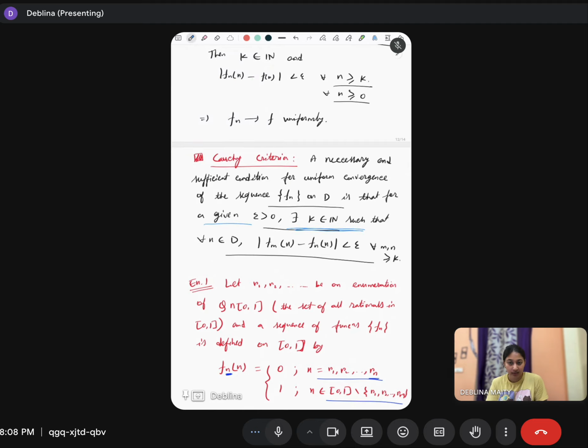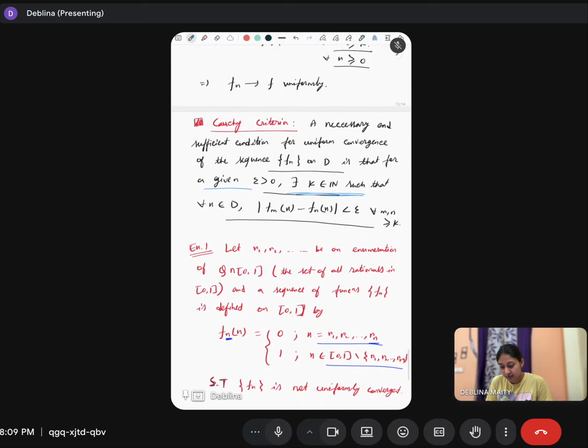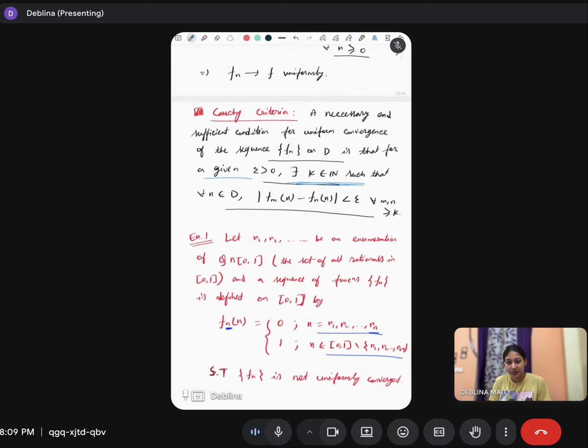There exists some k, right? Now this means there exists some epsilon for which, for all k, this will not be true. So for all k there should be an x naught in D for which this will not happen, right?